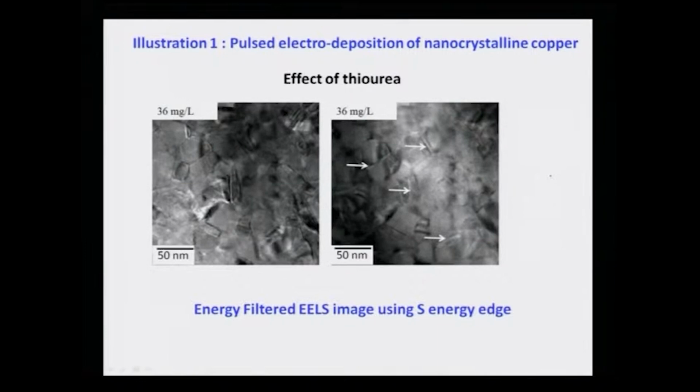It is thought that thiourea acts as a grain refiner by pinning the grain boundaries of the copper, but there is no experimental evidence showing that the thiourea molecule is exactly sitting at the periphery of the copper grains during electrodeposition of the copper.